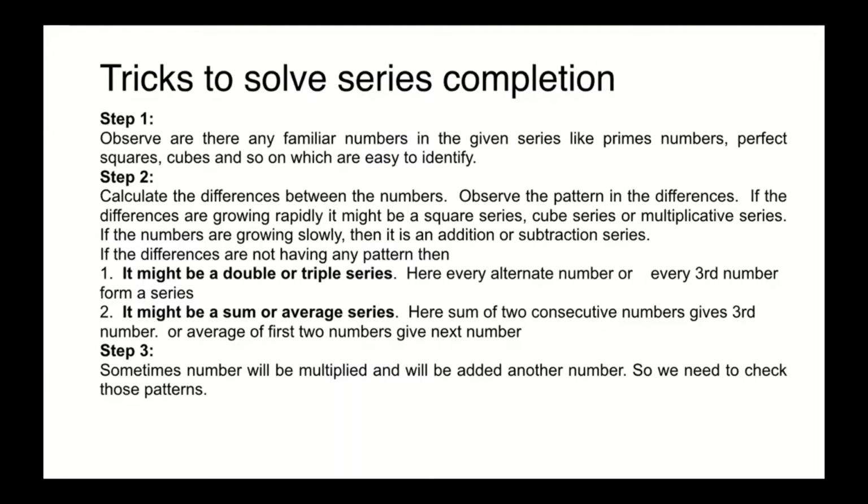For example, 1 square is 1, 2 square is 4, 3 square is 9, 4 square is 16. When you go to the next natural number, the square is at a farther distance from the previous one. So whenever you see that the differences are growing rapidly, most probably it will be based on squares, cubes, or certain multiplication.